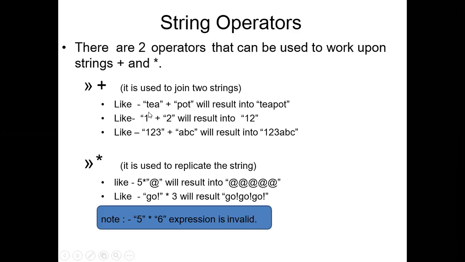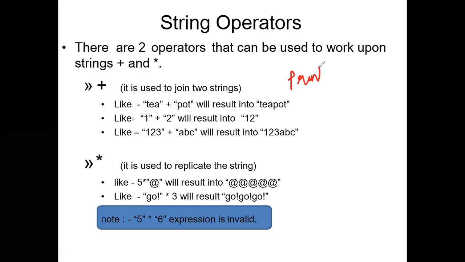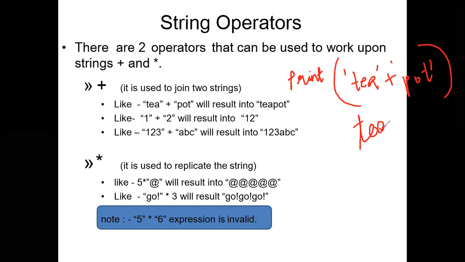When you print T plus pot, if you write print and in brackets T plus pot, the output is going to be T pot as one word without any space between it.